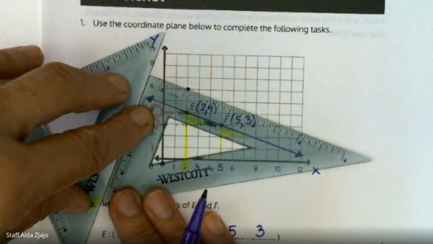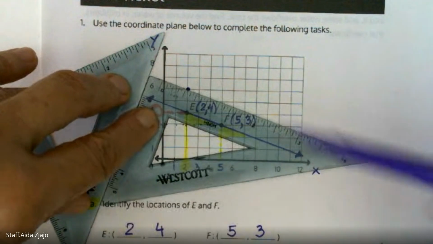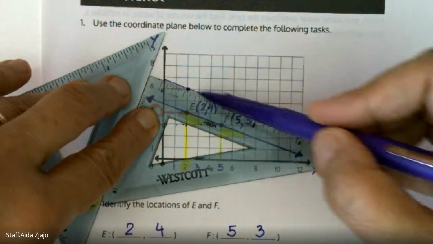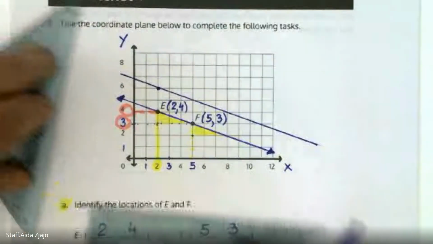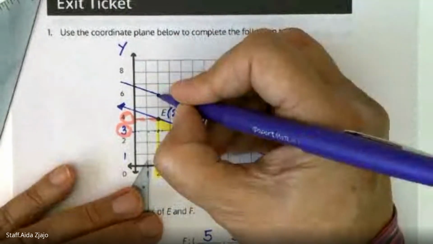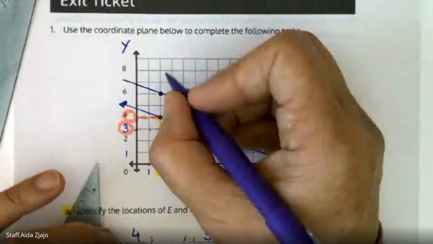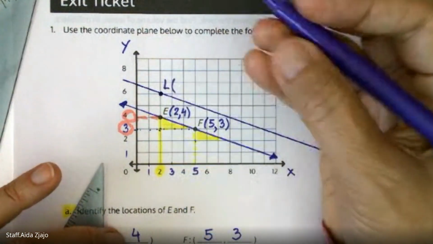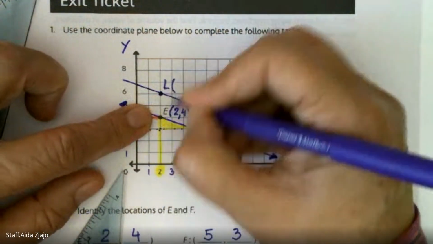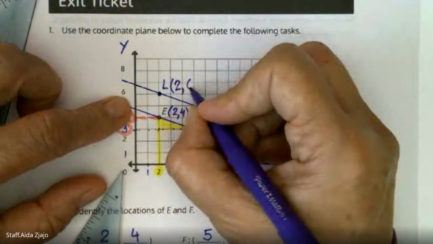I wanted a parallel line through here. So the first point I already chose was this one here. So that would be L. Okay, so L is x is 2 and y is 6.